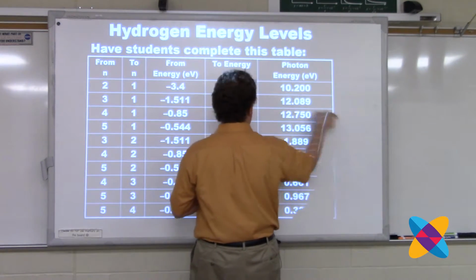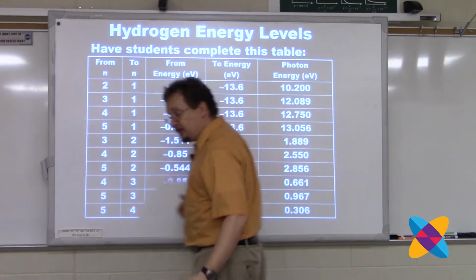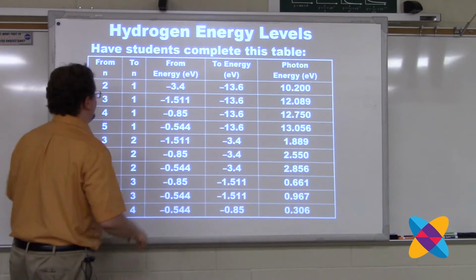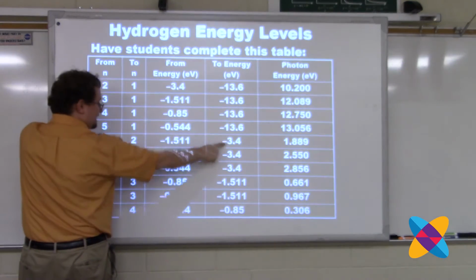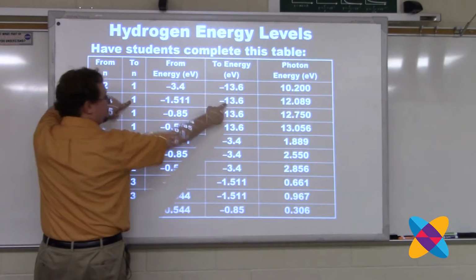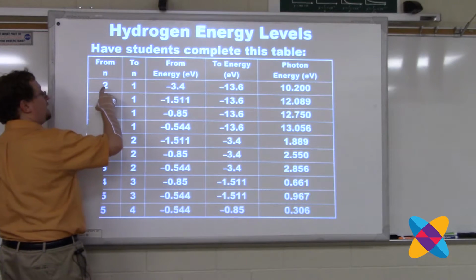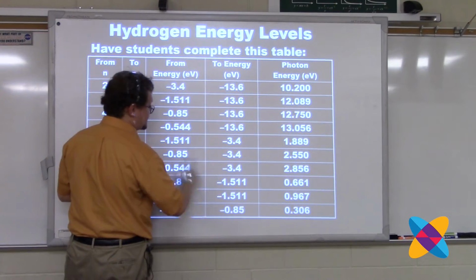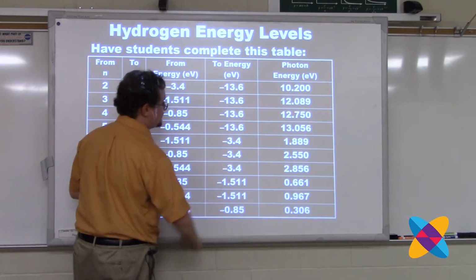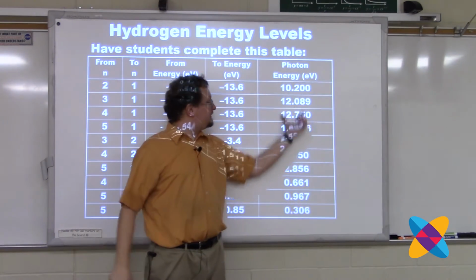What's the photon energy, which is the difference? So all the students are doing is copying over the energy at n equals 2, at n equals 2, at n equals 1. They fill in the start and finishing energy of the electron, and they take the difference.